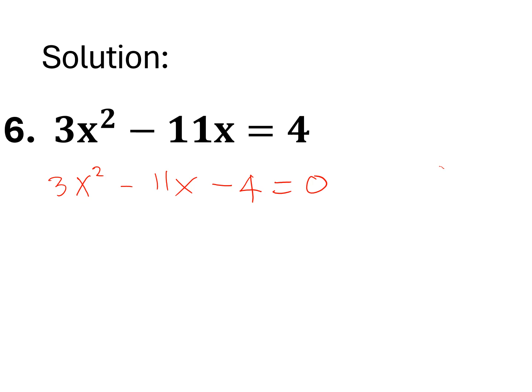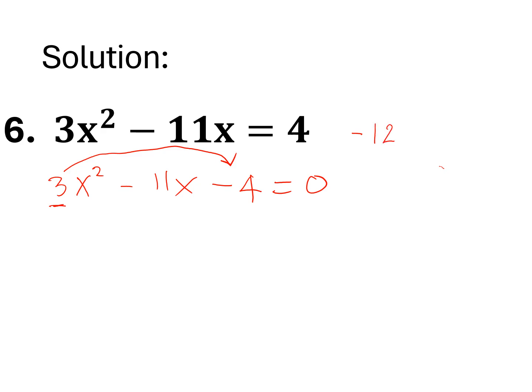So we are going to apply this rule. We multiply the leading coefficient to the constant term because the leading coefficient is greater than 1. So we have 3 times negative 4, that is equal to negative 12.